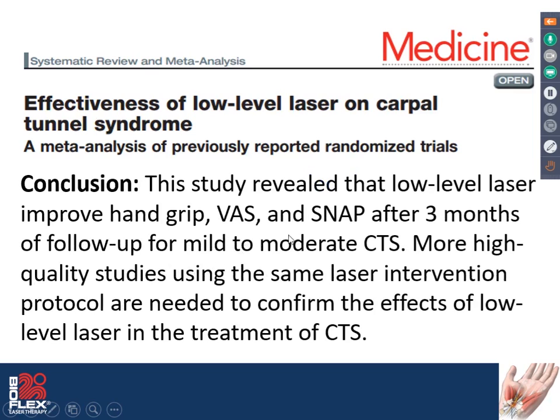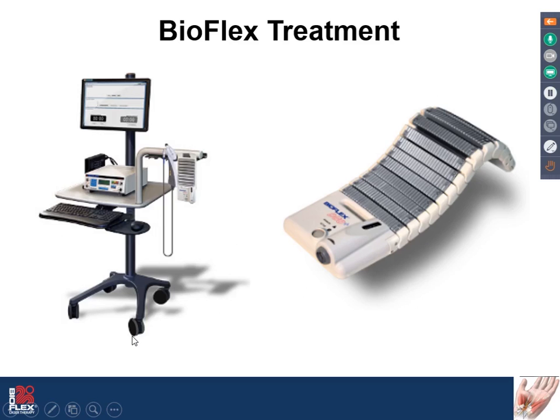They concluded that there was improved hand grip, improved VAS scale pain, as well as SNAP testing, with respect to functionality of the carpal tunnel after 3 months of follow-up for mild to moderate carpal tunnel syndrome. Again, make note of mild to moderate cases. They did recommend more high-quality studies to be done, as most meta-analysis studies mention that.